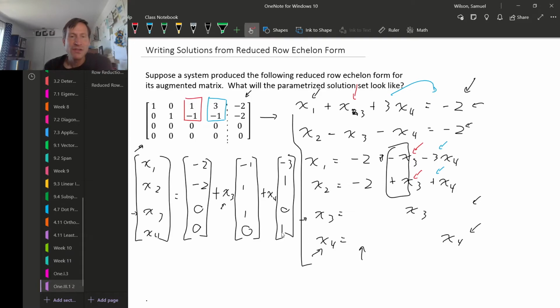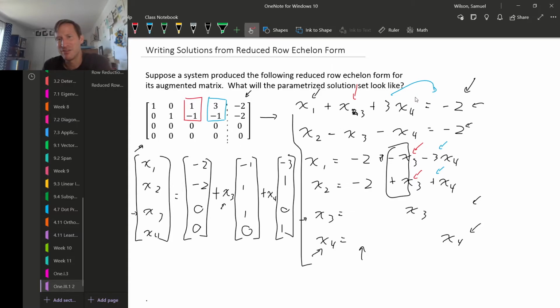All right, but if you think about it, there wasn't anything special about this particular reduced row echelon form that made this happen. If you have any reduced row echelon form, writing down the parametrized vector solution is going to look pretty much the same.